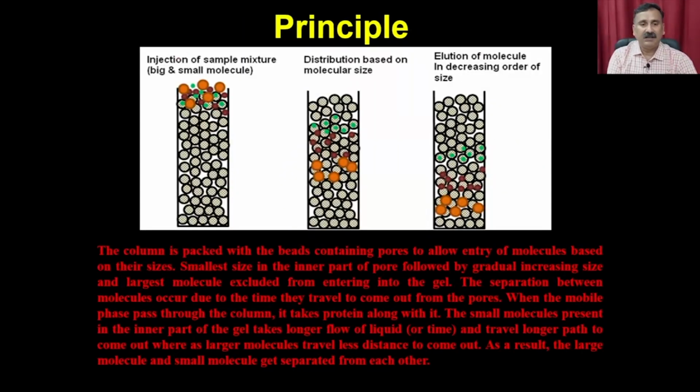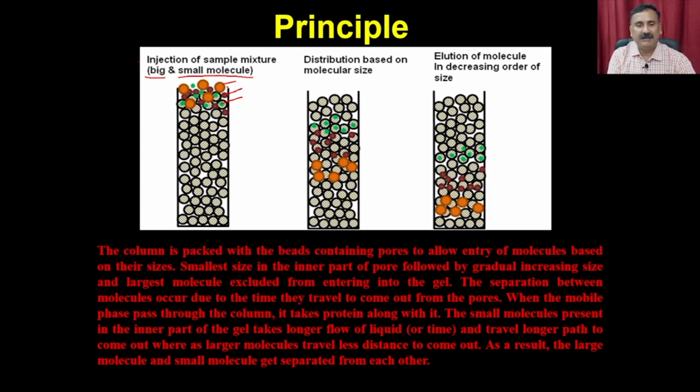Now, what you see here is a gel filtration chromatography column. We have various types of molecules: this is the big molecule, this is the middle size molecule, and this is the small size molecule. We have prepared a column and loaded all three molecules.